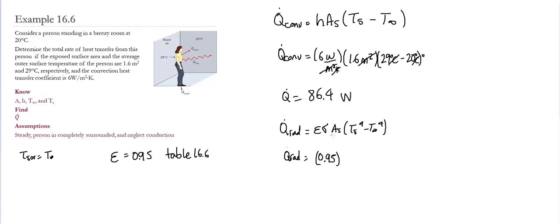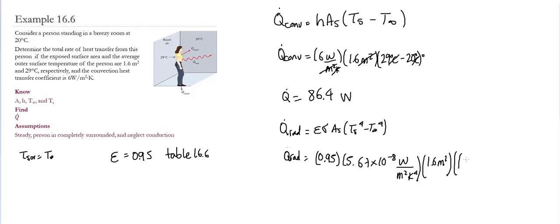The Stefan-Boltzmann constant is equal to 5.67 times 10 to the negative 8 watts per meter squared Kelvin to the 4th. The surface area was given to be 1.6 meters squared. The temperatures that we have are once again the same ones that we have over here, 29 and 20.